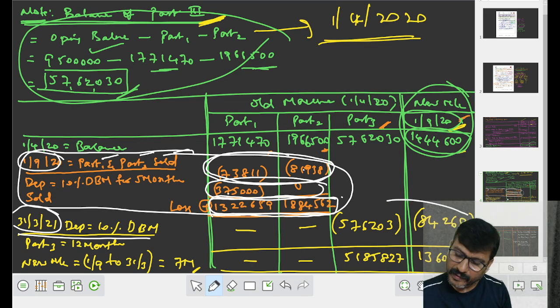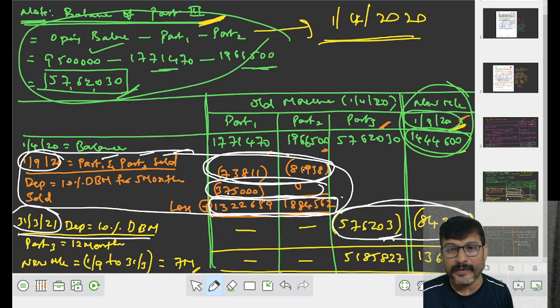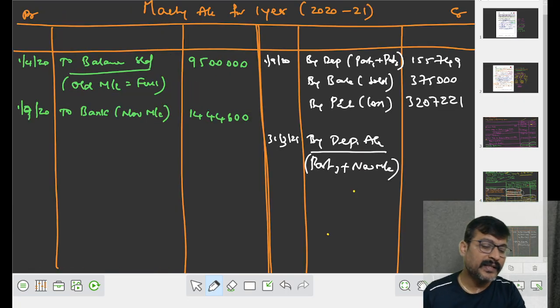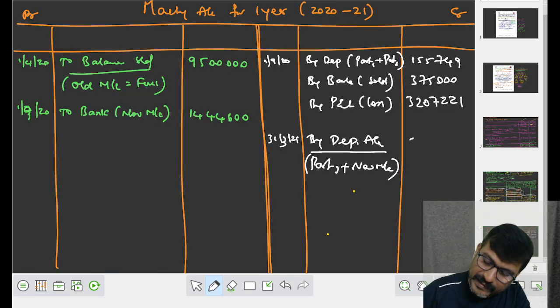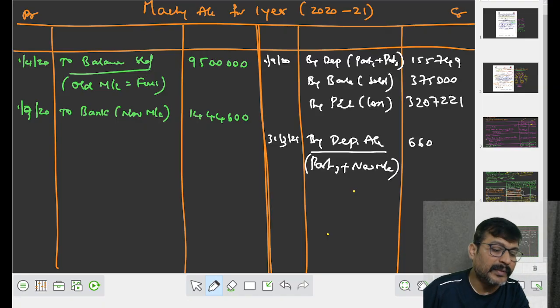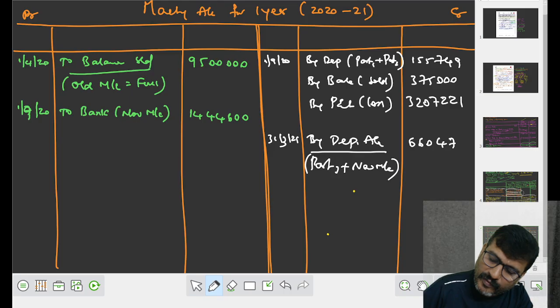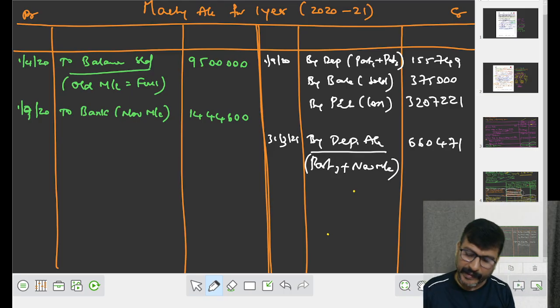What is the total? 5,76,203 is on part 3. 84,268 is on new machinery. Add these two numbers. The added number of those two comes to how much now? 6,60,471.